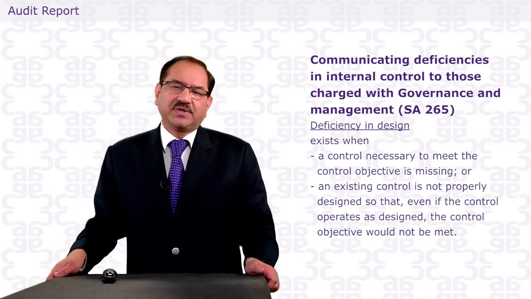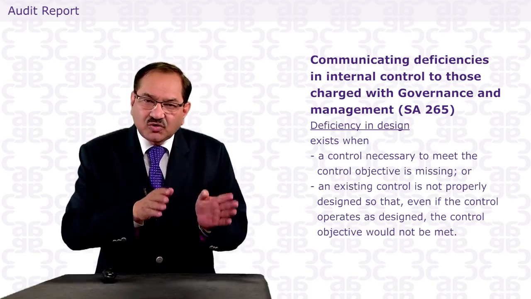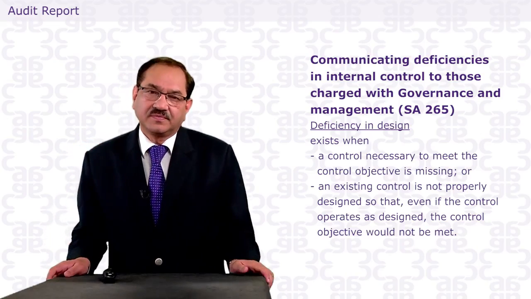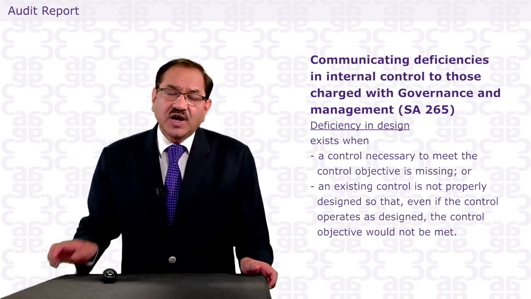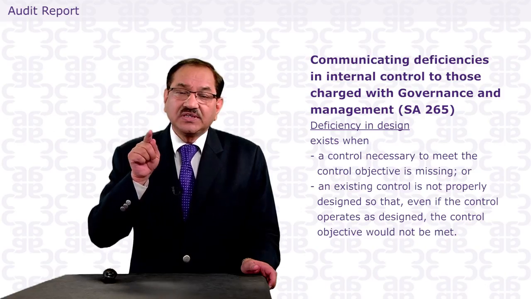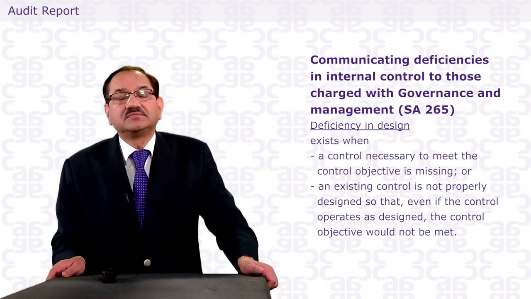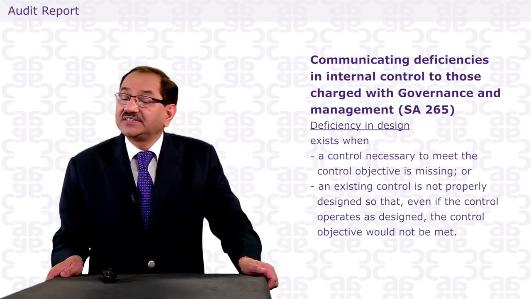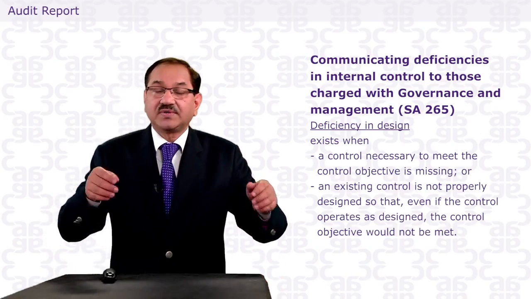Take an example of a deficiency in internal control over financial reporting. As per the financial reporting framework, you have to report the traveling expenses of the board level directors in the financial statements separately. Suppose this is the requirement.